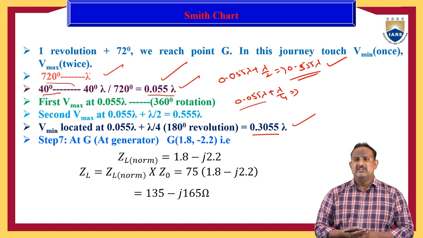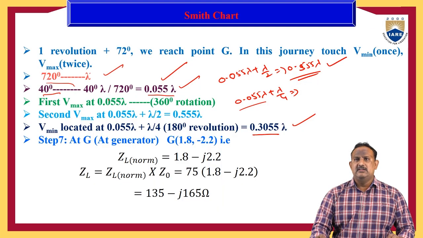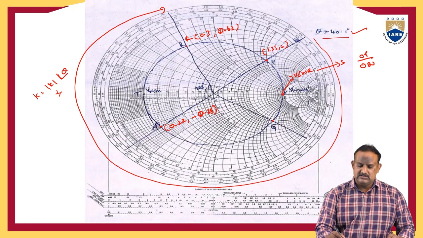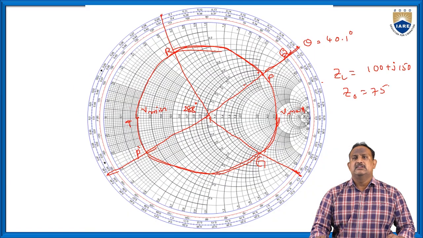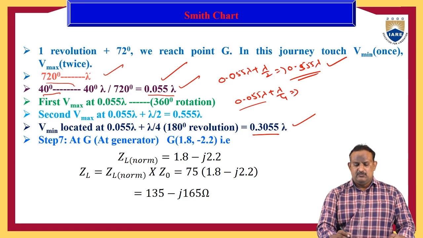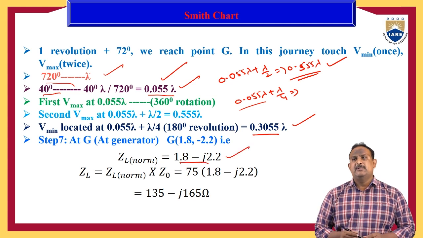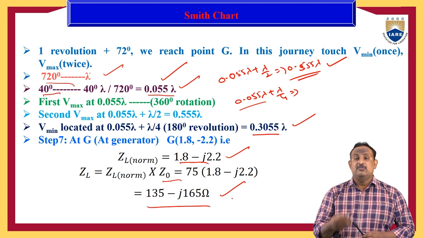Next, we need to find out the generator normalized load impedance value. So we need to measure the coordinates of G. Here G is 1.8 minus j2.2. Therefore the normalized impedance value is 1.8 minus j2.2, and the actual impedance value is normalized impedance into Z0, which is 135 minus j165 ohms.